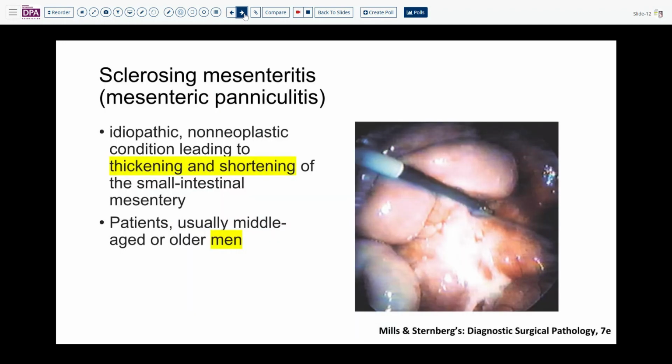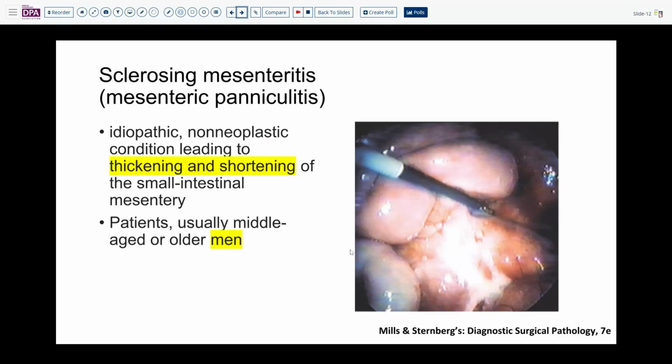When we recognize these three cell types in today's chapter, it will be much easier for you to identify the diagnosis. The first one is sclerosing mesenteritis. This is a surgical image. We can see the bowel here, and then we have some mesenteric thickening and shortening, lined string together. This is the surgical finding.